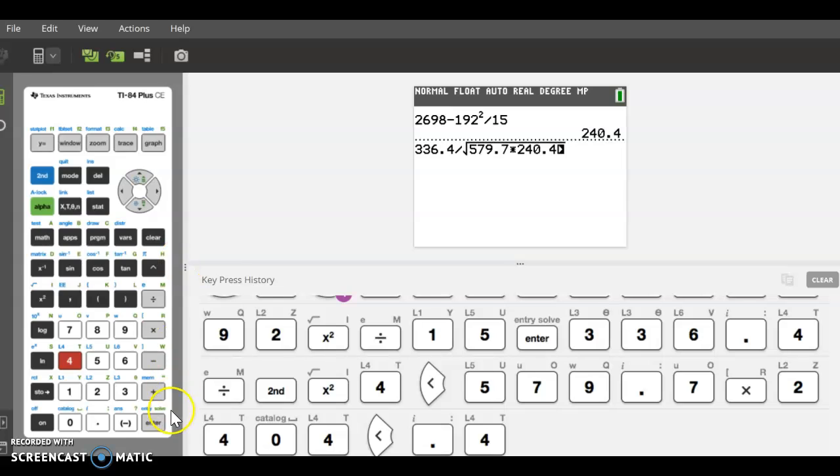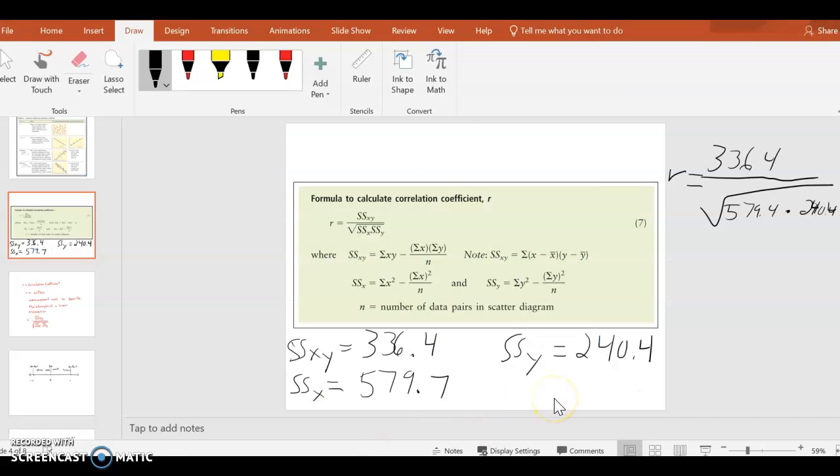There we go, and hit enter. That's what our R value was before: 0.9011. So that's our R value.